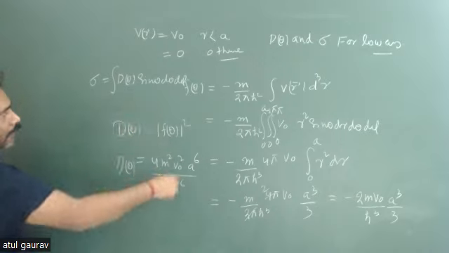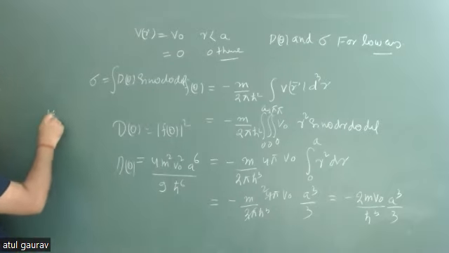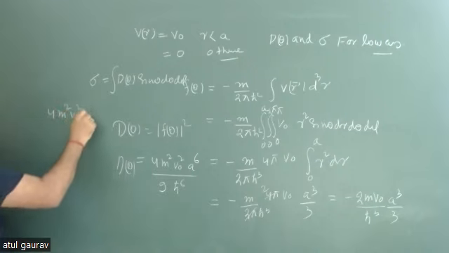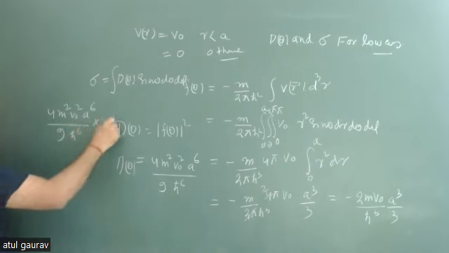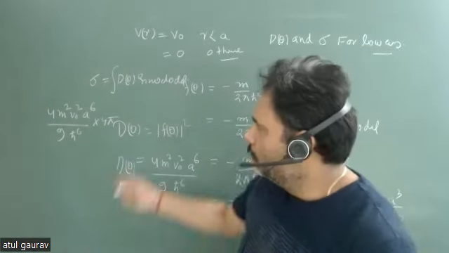This thing will be constant, so 4 pi will come outside. So you have 4 m square V naught square a to the power 6 over 9 h cut 6, into 4 pi. That's it. So this is your answer. This is your sigma.